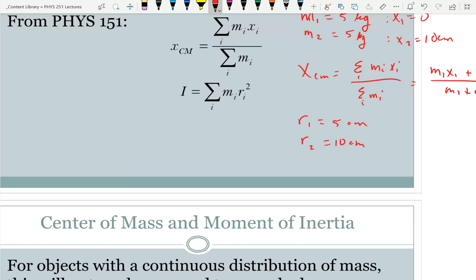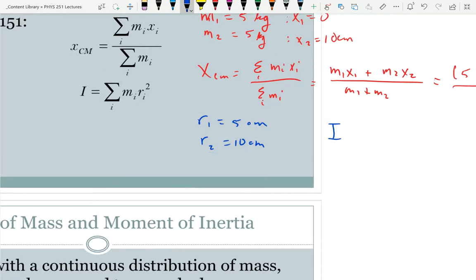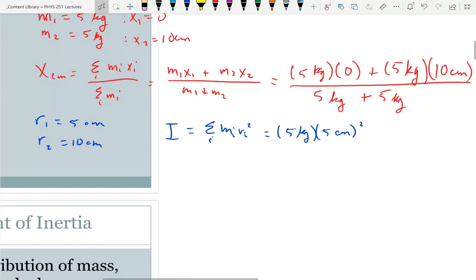And then applying that equation, I is equal to the sum over m_i r_i squared, which is 5 kilograms times 5 centimeters squared plus 5 kilograms times 10 centimeters squared.